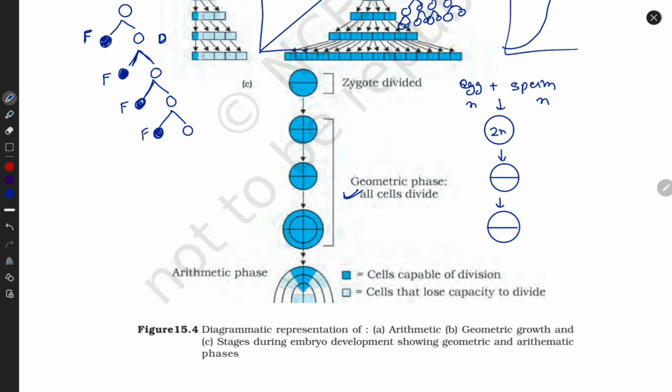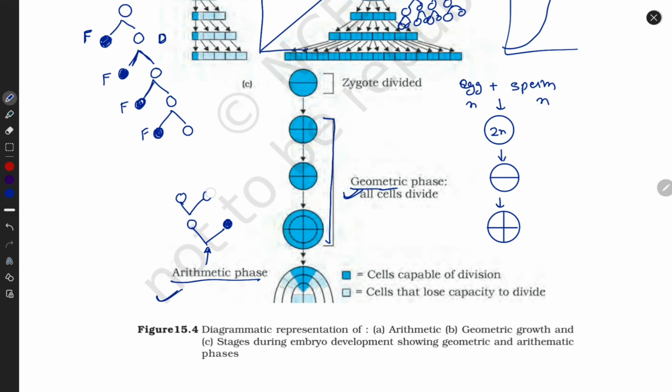One cell divides into two, and two cells divide and form four cells. Four cells divide and produce eight cells. Eight cells divide and produce 16 cells. So from here to here they show the geometric phase, and here to here, after gastrulation, after some specific stage, they show the arithmetic phase. During the arithmetic phase, one cell can still divide and one cell gets function.